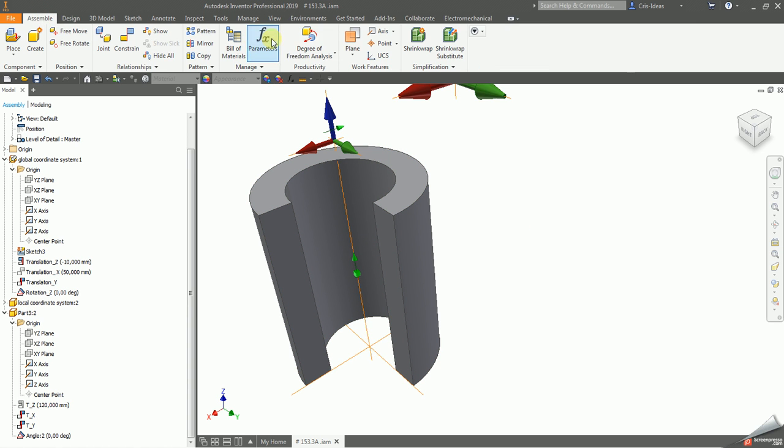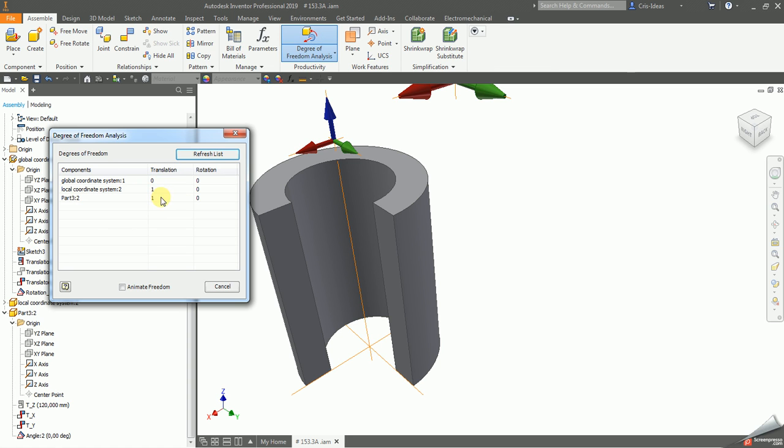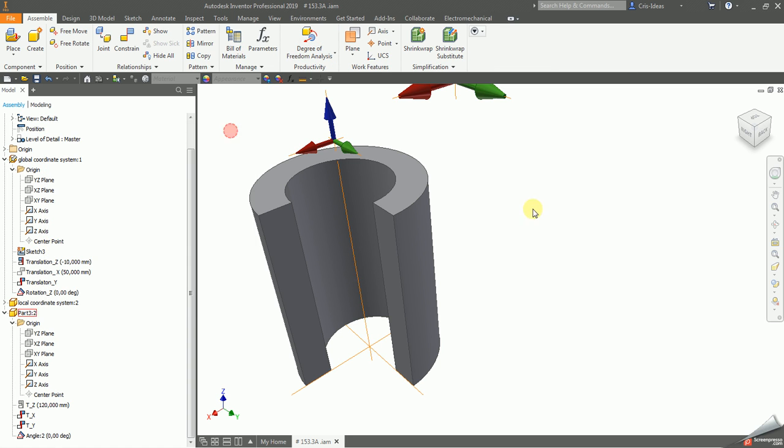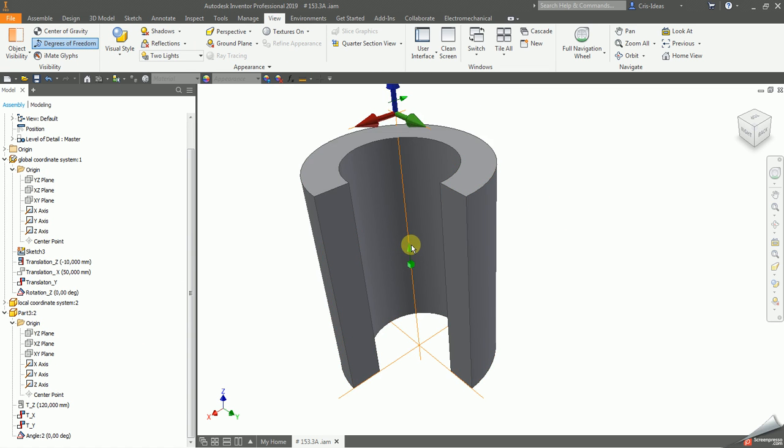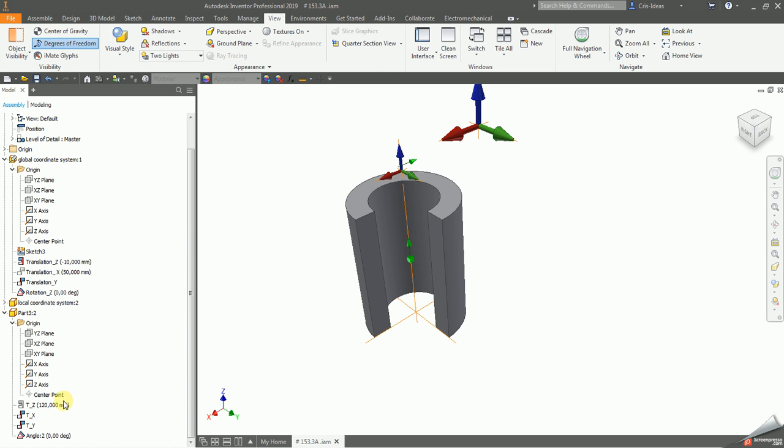If we do the degrees of freedom analysis, it indicates 1 translation degree of freedom. I have suppressed the constraint between the local coordinate system and the part, that is translate Z, and it is indicated that this degree of freedom is the part's individual degree of freedom.